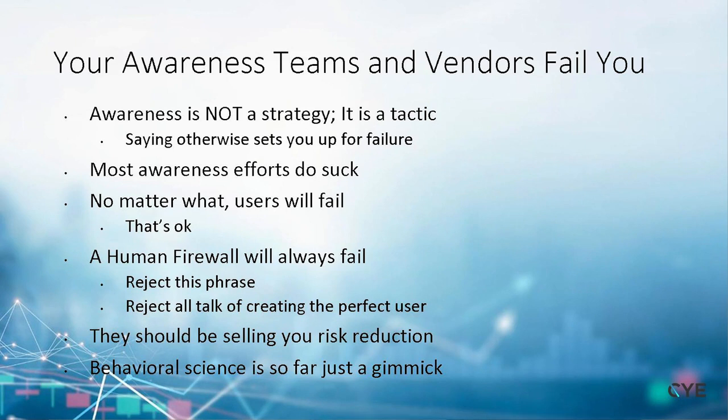Awareness to stop a user from clicking on a phishing message, that's a tactic. A tactic is, for example, there are wars out there. We all know that. One of the things in the Ukraine war, which is a blessing for Ukraine, is that yes, Russia has aircraft, Russia has tanks, Russia has armies and so on that are really individually, in theory, powerful. The problem is that those are each tactics.